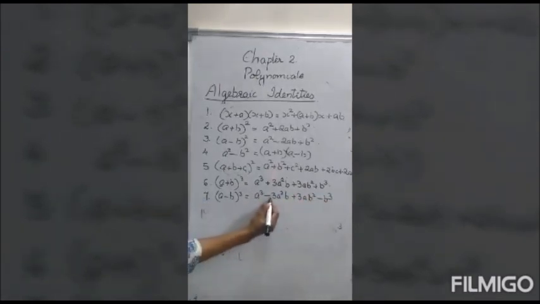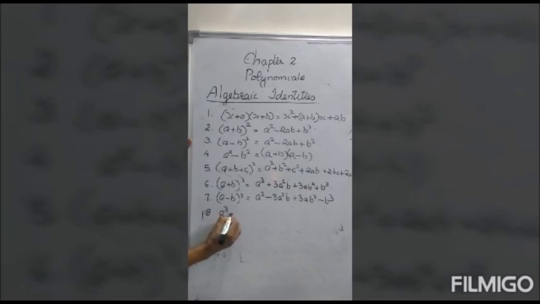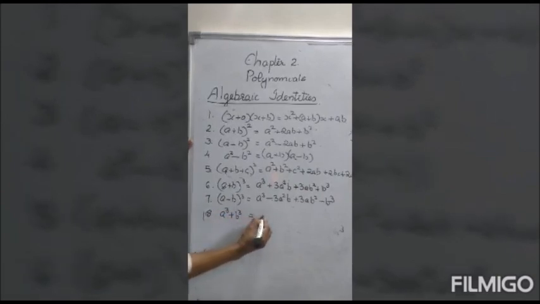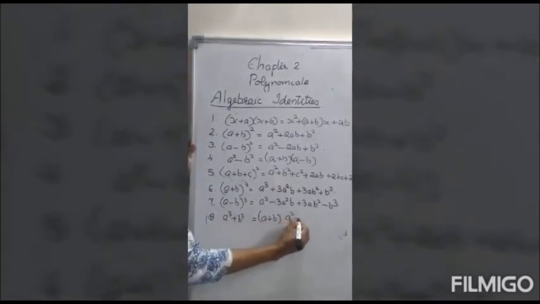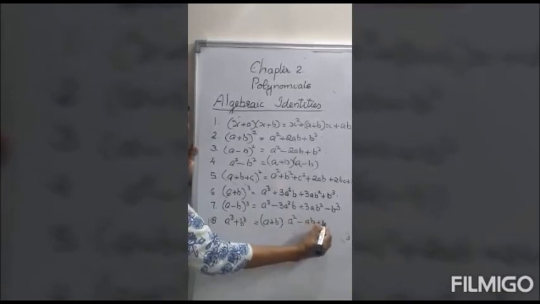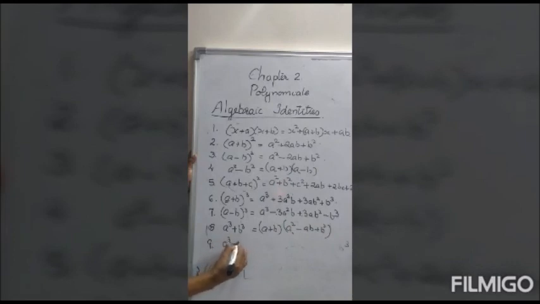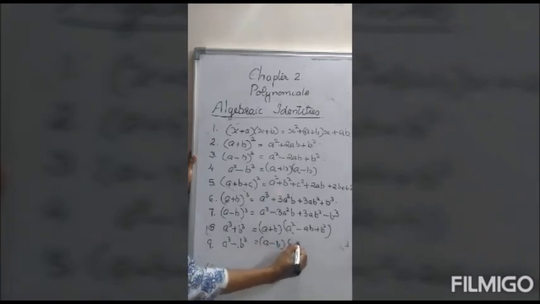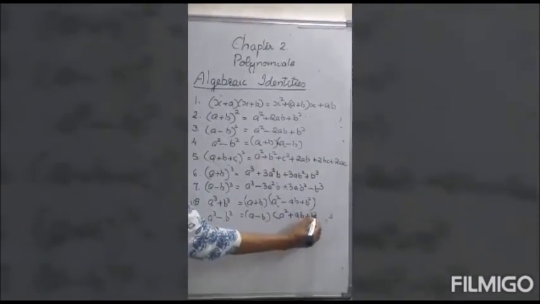The signs go plus, minus, plus, minus. Now eighth one, a cube + b cube equals (a + b)(a square - ab + b square). Now ninth one, a cube - b cube equals (a - b), here it is minus so it is minus, here it is plus, so (a + b) into a square + ab + b square.